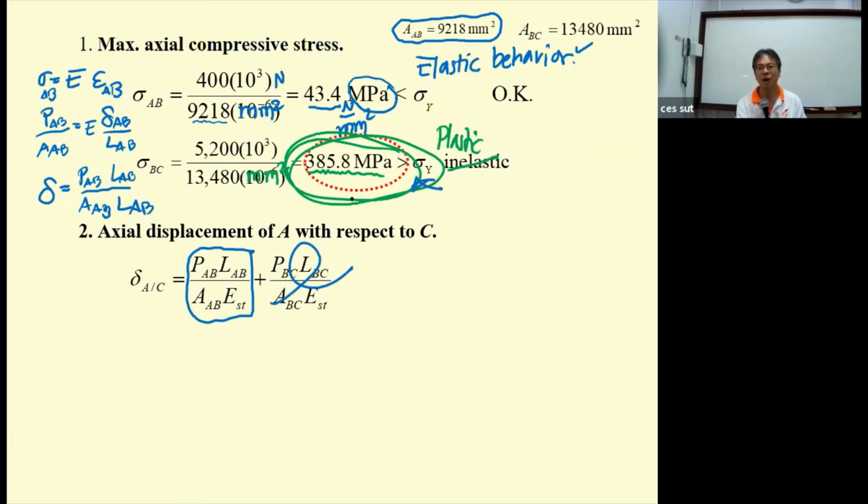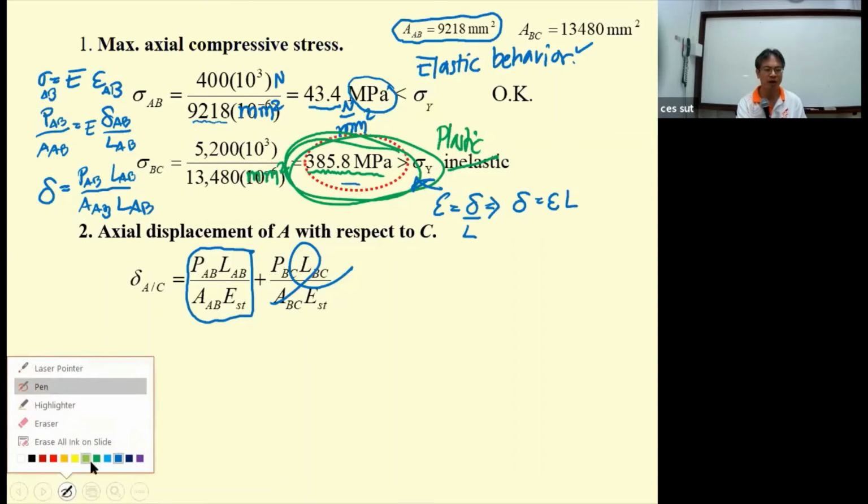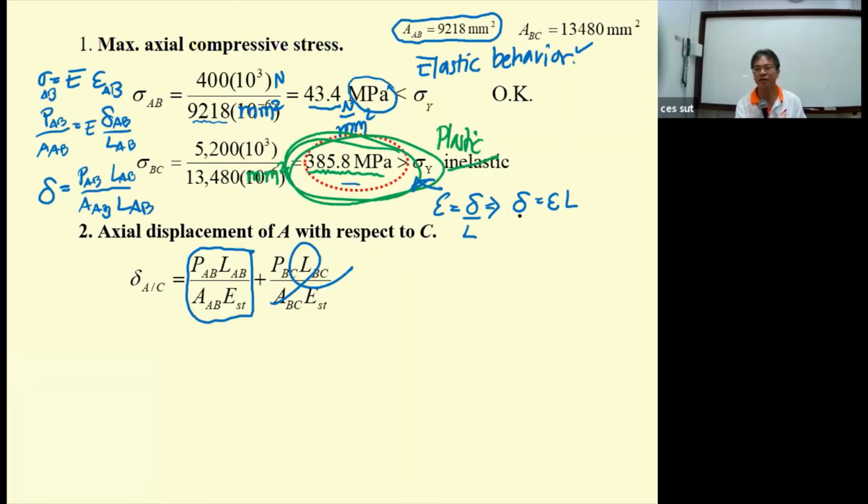For the plastic behavior, how will the deformation be found? The strain equals the deformation divided by L, so the deformation will be strain times L. For this portion, in plastic behavior, the deformation of BC equals strain BC times L sub BC.